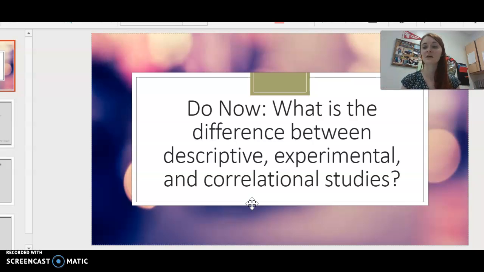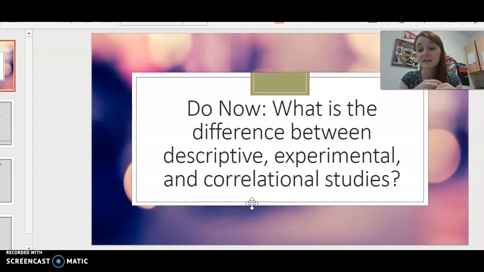Like the one example that we were talking about with margarine consumption and divorce rates in Maine. Okay, it's not that you're actually manipulating the amount of margarine people are consuming and then seeing what happens to their marriage rates. Instead, you are looking at these two things and comparing them. Do they rise together? Do they fall together? If you wanted to prove correlation is actually causation, you would then need to do an experiment.